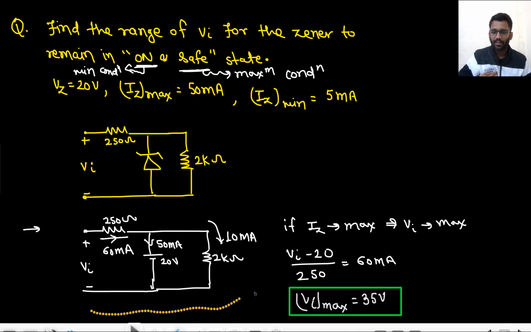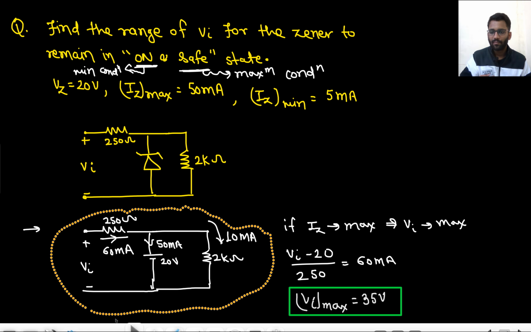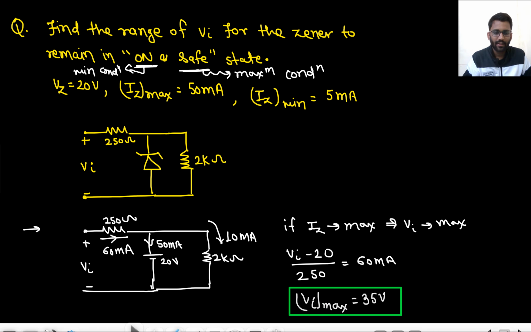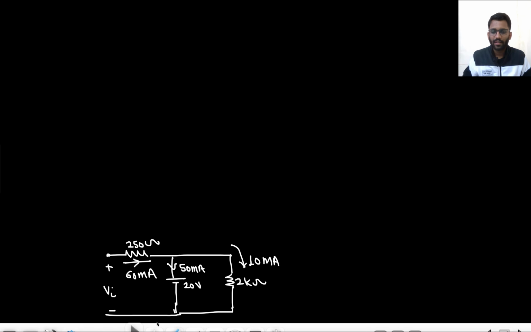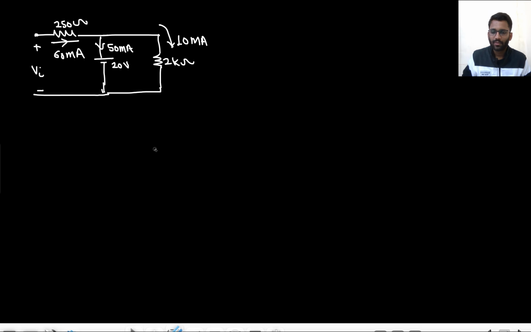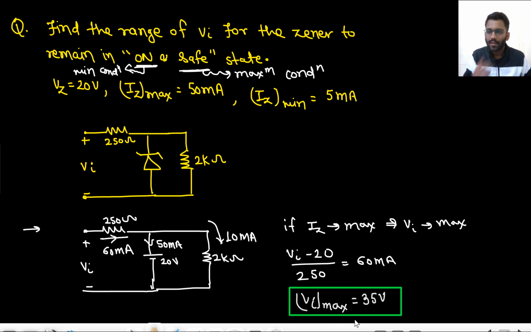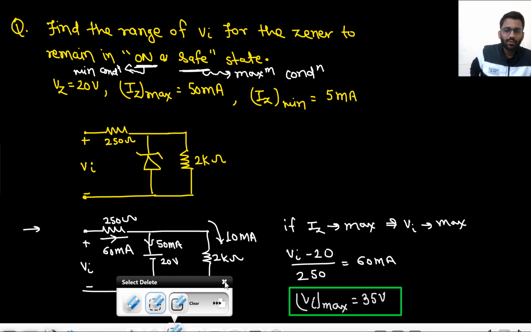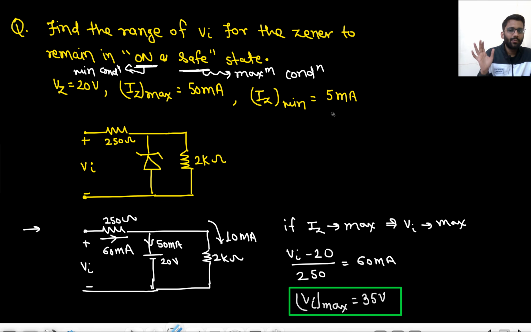Now I can copy the same diagram, but now my current in the Zener will be the minimum current. In this question, Iz minimum was not mentioned. When Iz minimum is not mentioned, you should take the current to be 0 ampere.